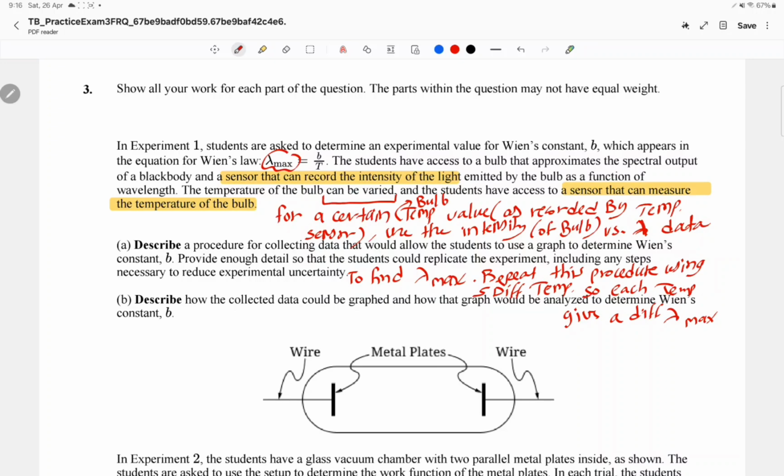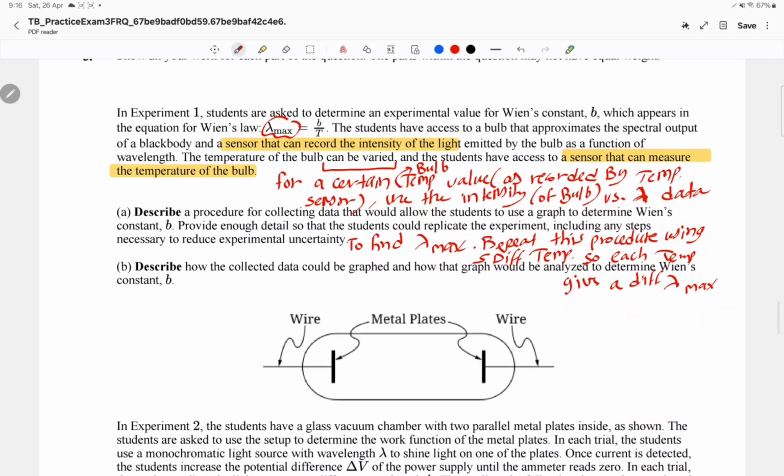Now, part B, describe how the collected data could be graphed and how that graph would be analyzed. So look, you are changing the temperature, correct? Temperature has to go on the x-axis. And so we're going to say plot lambda max as a function of 1 over temperature, because temperature is going to be on the x-axis. And so it's like saying y is equal to mx.